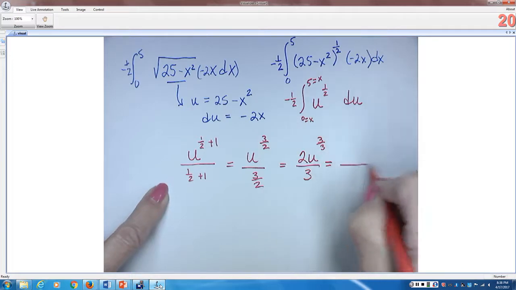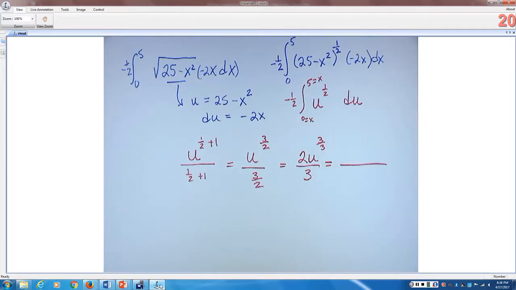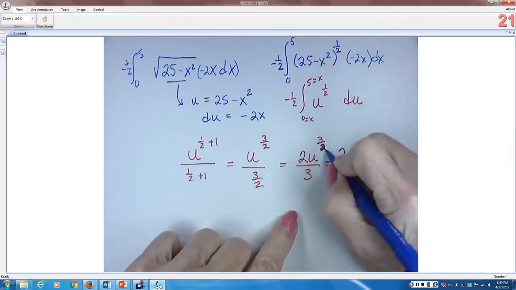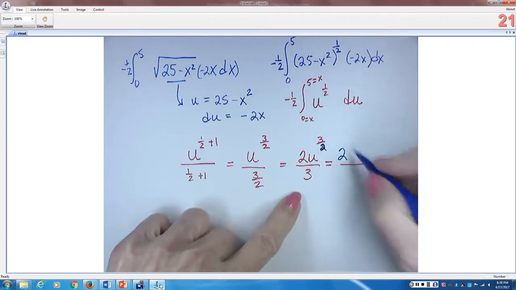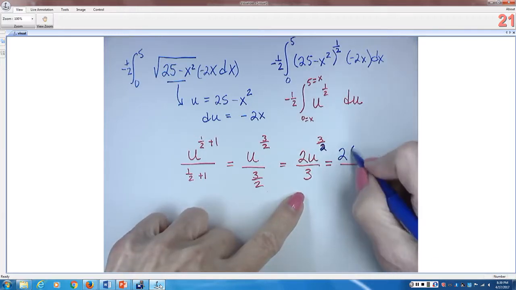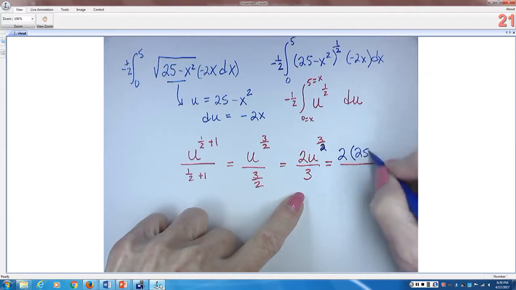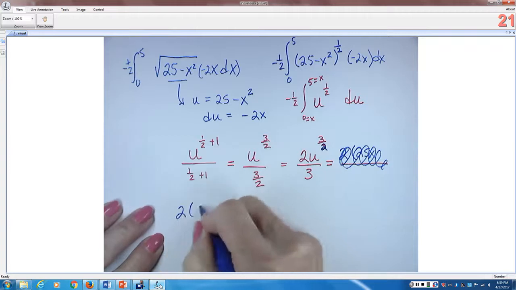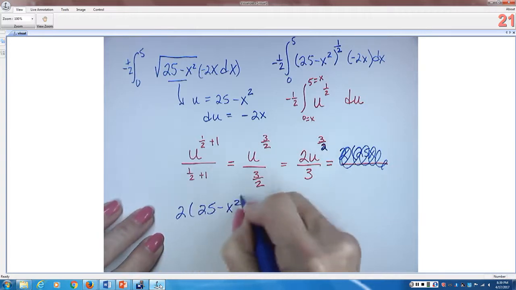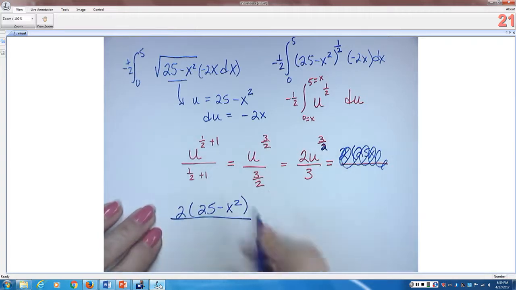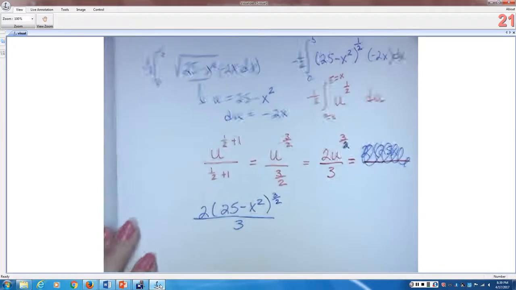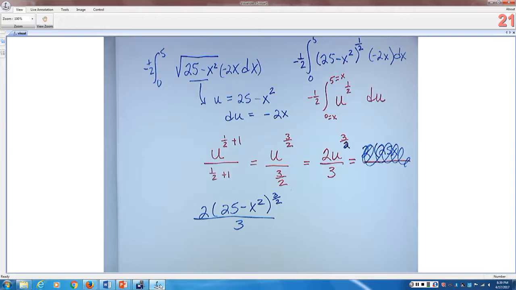And now I need to go back and put my actual value of u back in. So that's going to be 2. Oh, that's supposed to be 2. That's going to be 2 times 25 minus x squared to the 3/2 power, and that's all divided by 3.